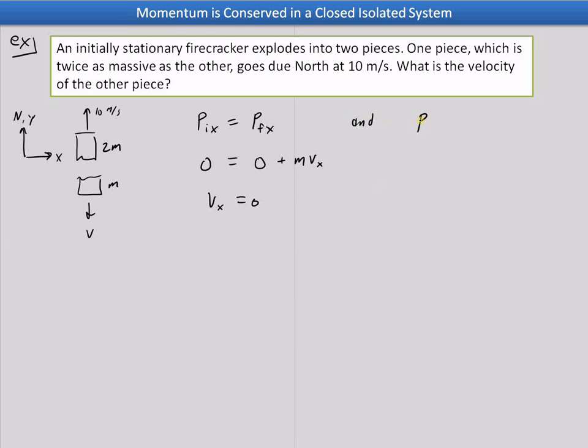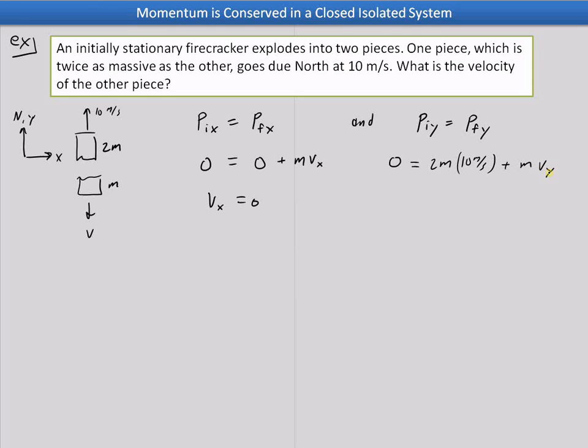So it's also true that momentum is conserved in the y direction. So the initial y momentum is equal to the final y momentum. We will again start with our firecracker not moving at all. And then we'll have two terms for after the explosion. For the top piece of our firecracker, we have a mass of 2m times a velocity of 10 meters per second. For the other piece of our firecracker, we have a mass m and a velocity vy.